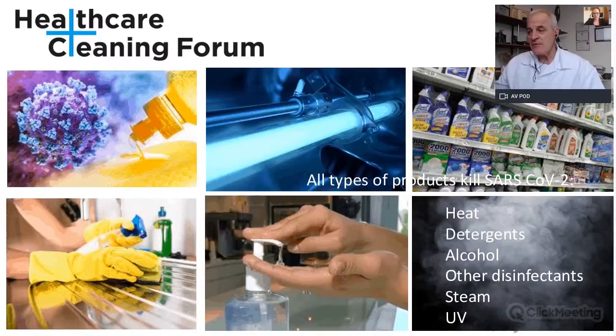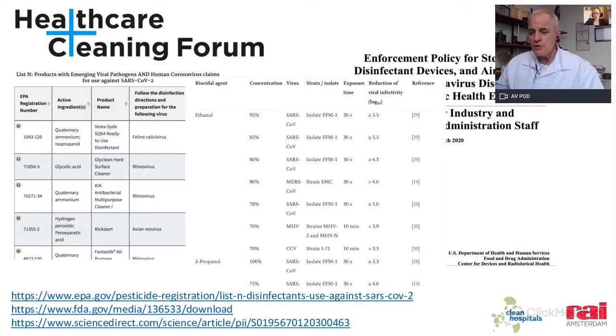Now, speaking of product use, there are lists of products. And here is a list, but there are many, many different lists. You can look at the reference on the bottom of the page. You can access those references.